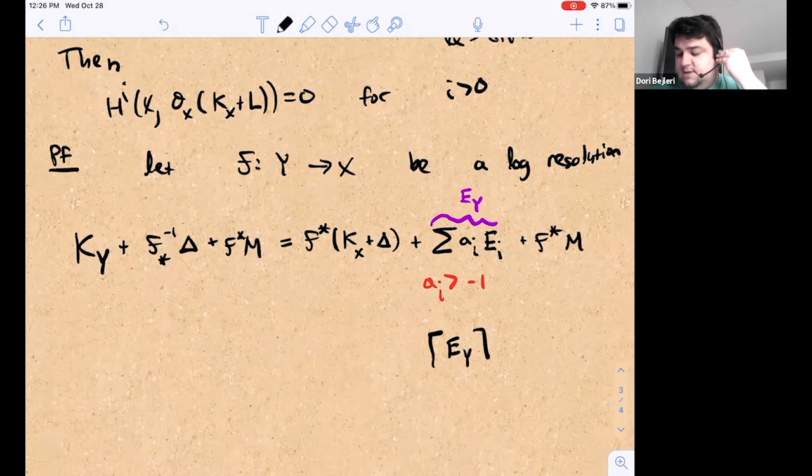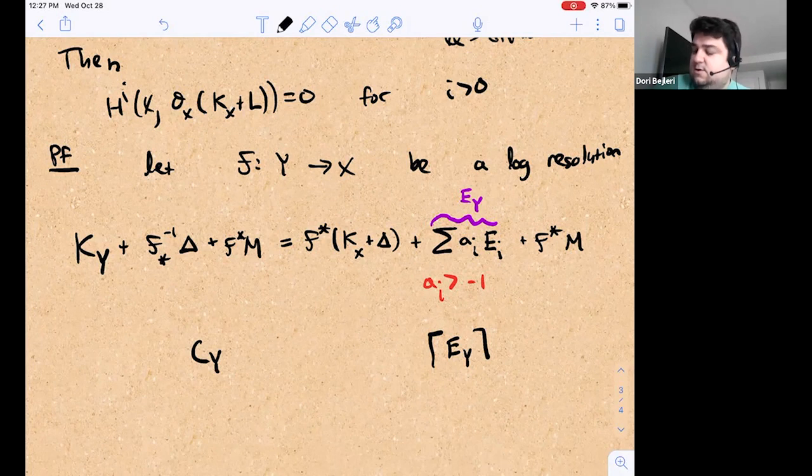And so to make the equality still true, we have to add something to the other side, and we have to add this thing that I'll call C_Y, which is just whatever you get when you add the terms you need to this E_Y to round everything up. So C_Y is some expression of the form sum of c_i E_i.